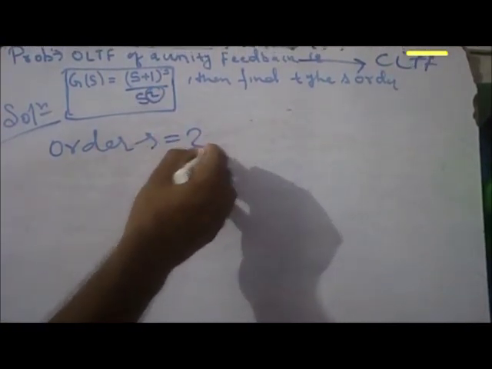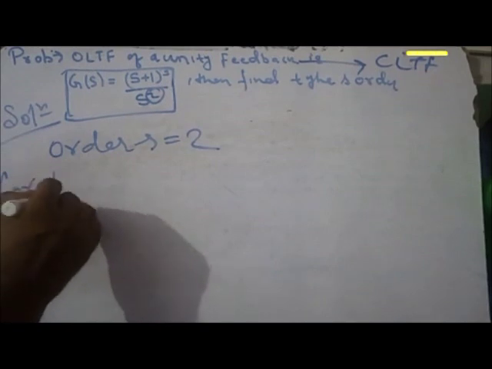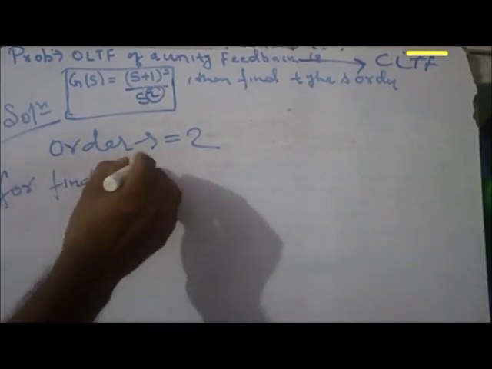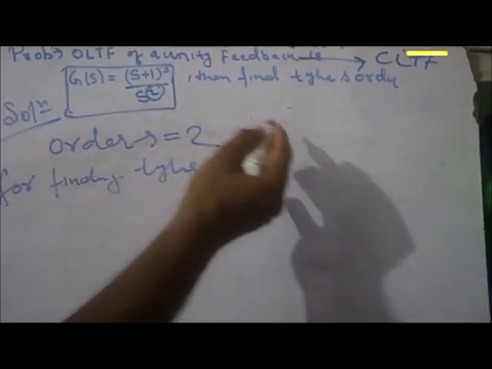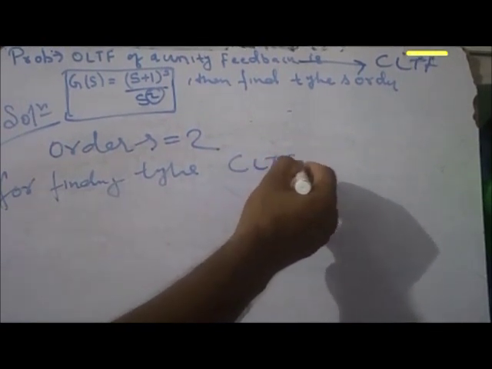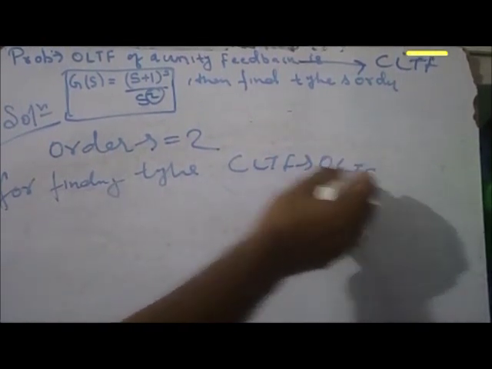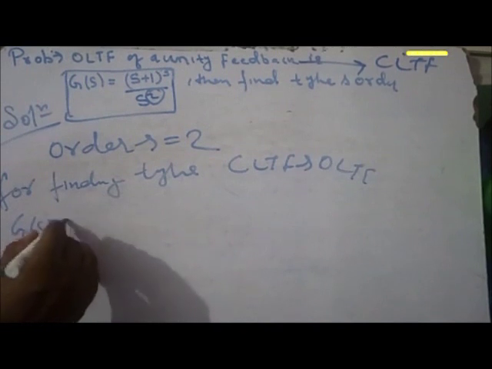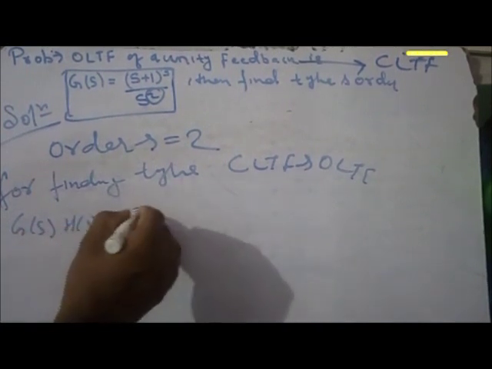For finding the type, we have to convert this closed loop transfer function into an open loop transfer function, that is G(s)H(s) = (s+1)^3 / (s^2 + (s+1)^3).